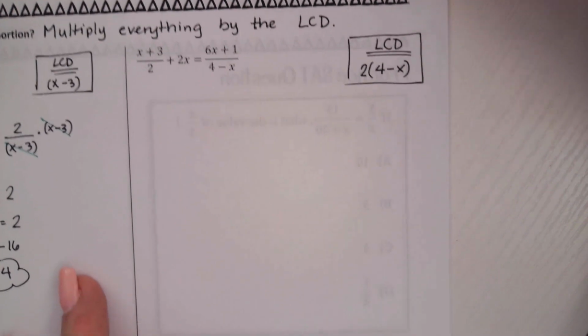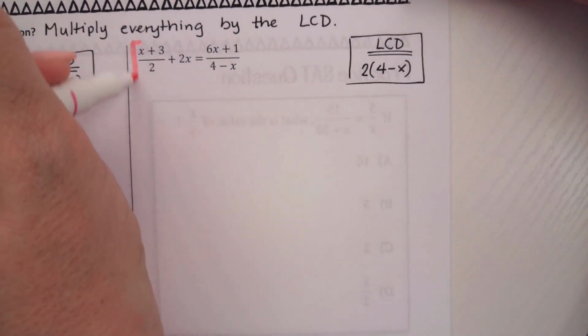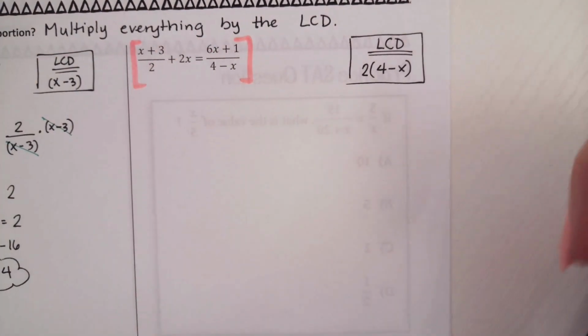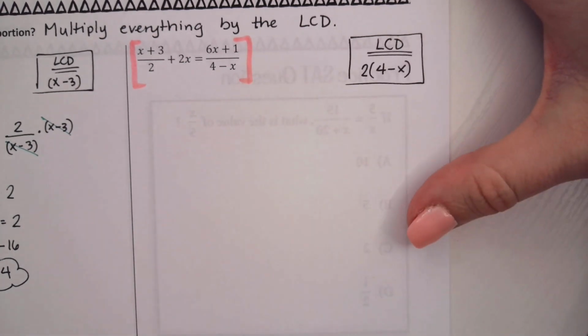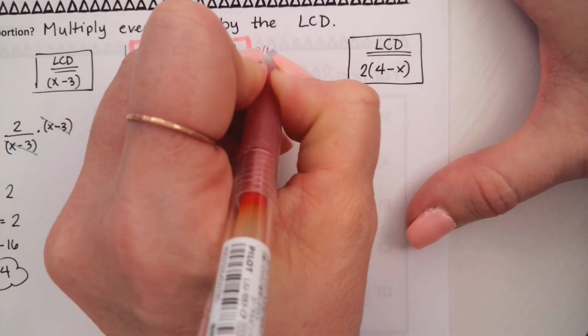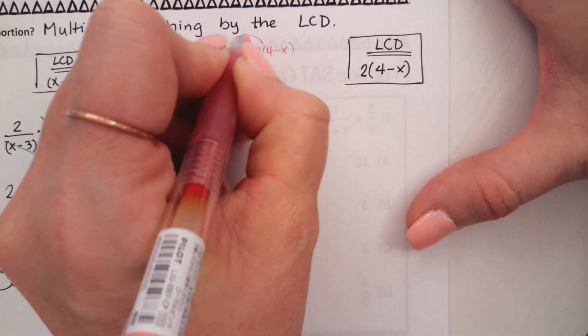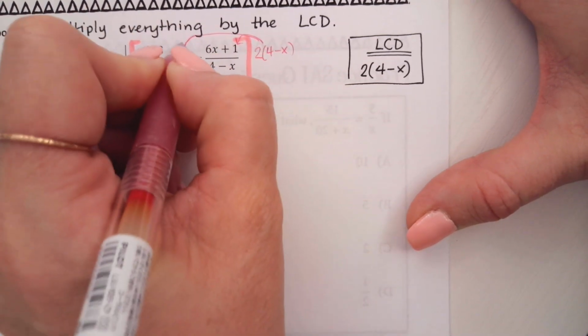Alright, let's multiply everything by the LCD. Okay, so again, we're multiplying by the 2 times 4 minus x to every term, every part of it.